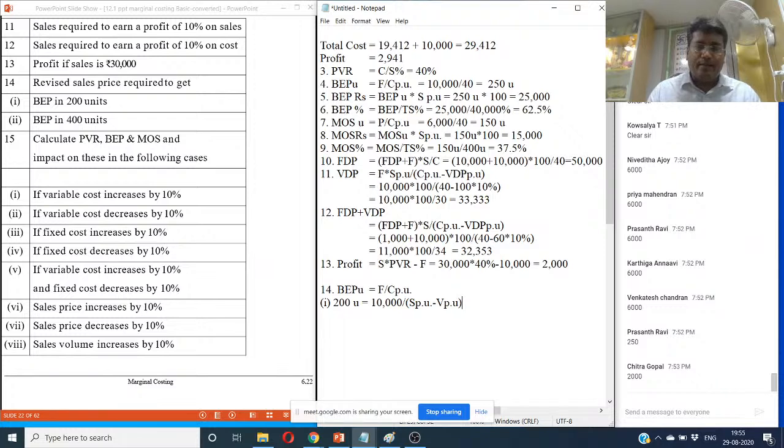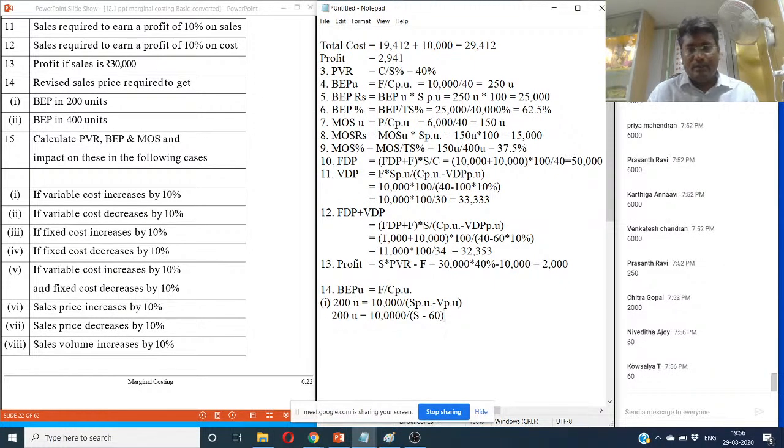By expanding this, BEP of 200 units is equivalent to 10,000 rupees fixed cost divided by selling price, which we have to calculate, minus variable cost, which is given already. How much is the variable cost? Come on, 60 rupees per unit, right?